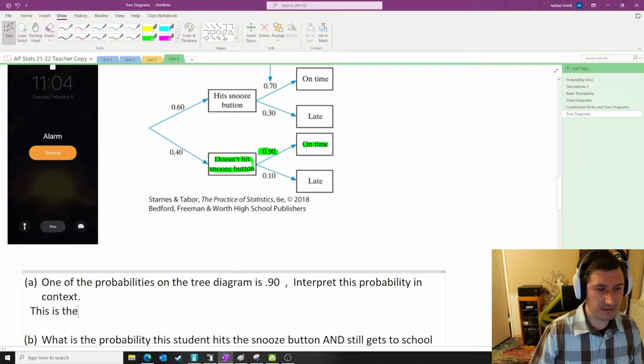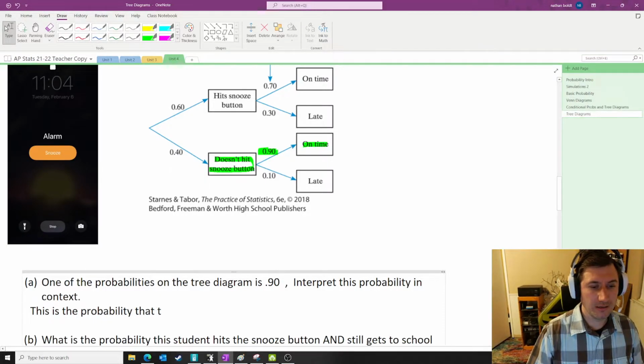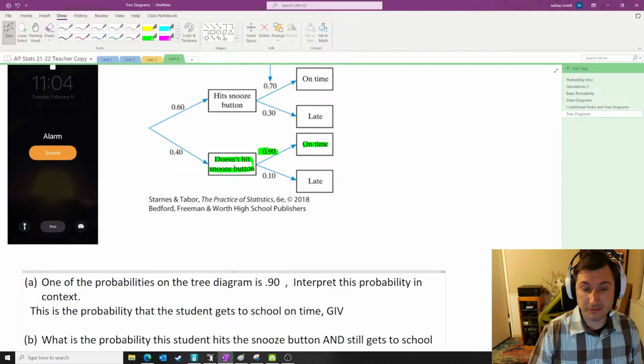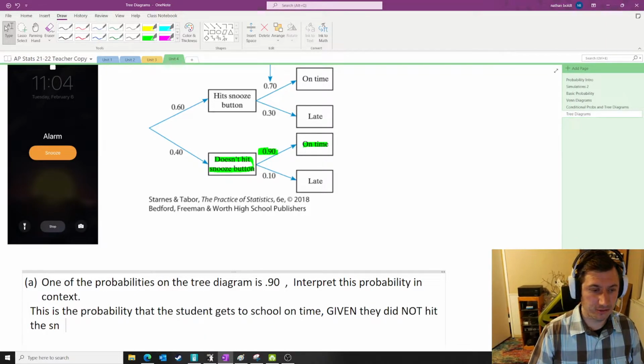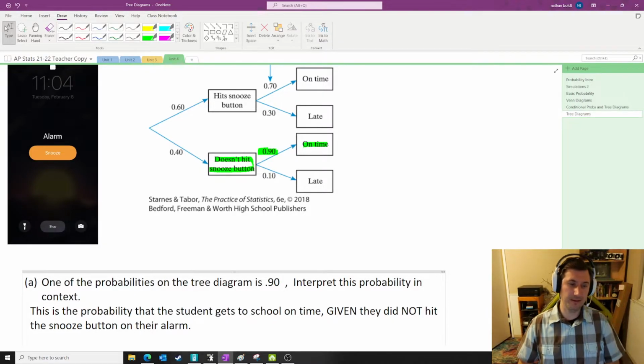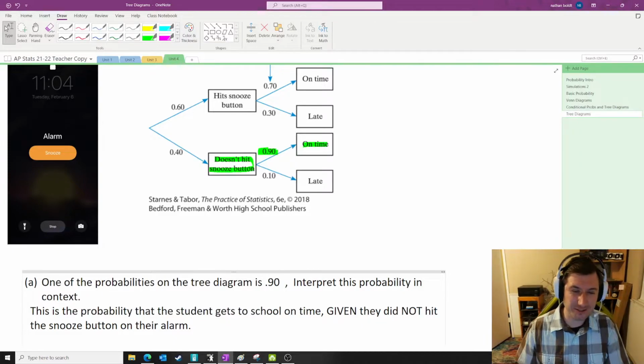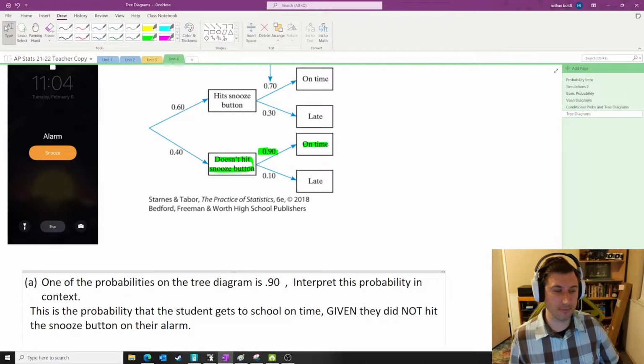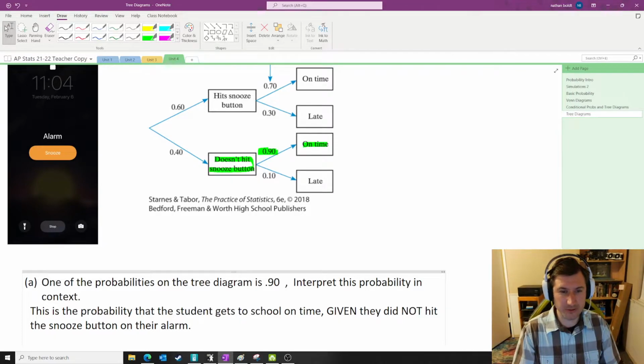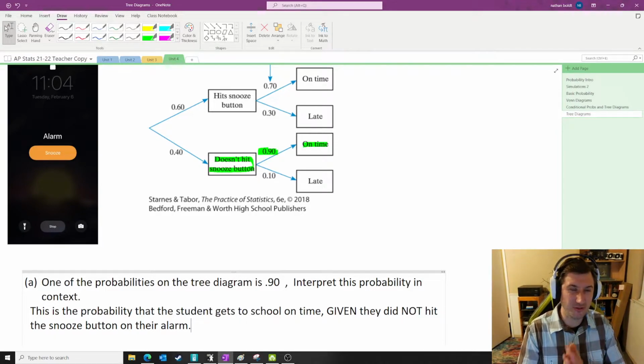So this is the probability that the student gets to school on time given they did not hit the snooze button on their alarm. There's a 90% chance they get to school given they don't hit the snooze button. That's the first thing you've got to be able to do: interpret the numbers on the tree diagram.